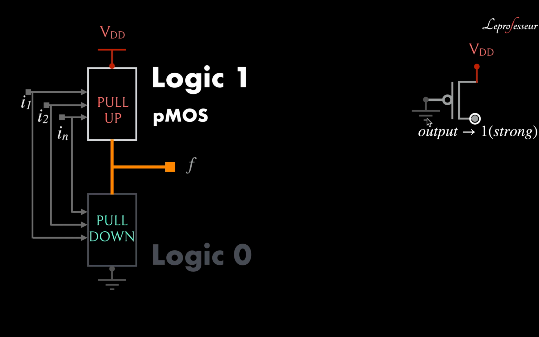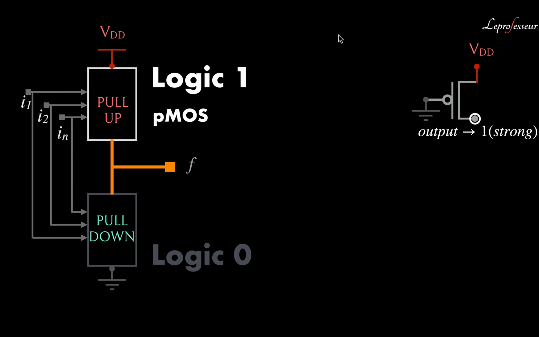Other combinations, one can argue, for example connecting the gate to VDD and the other terminal to ground, produce a weaker 1 or 0 depending upon the configuration. So the best configuration to produce a strong 1 is to connect the PMOS gate to ground and one of the terminals to VDD. That indicates that the PMOS circuit we could use for constructing the pull-up network.